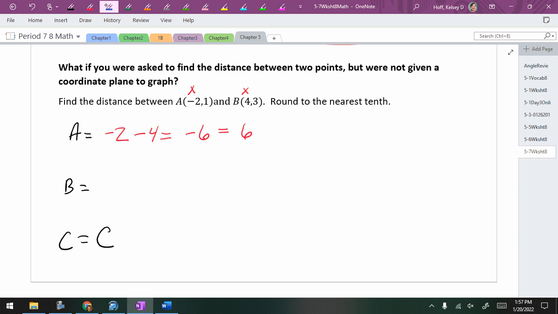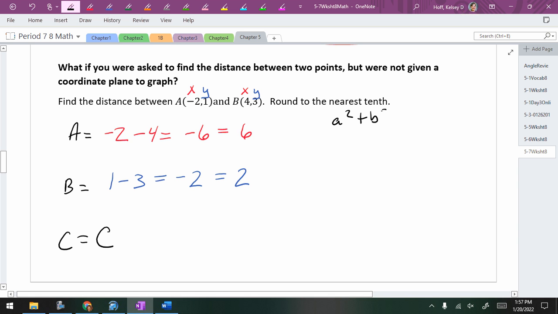Now, carefully think before you shout. I want to find the difference in my y's. What is my difference going to look like? 1 minus 3, which is -2. But we can't really have a -2 difference, or distance. It would really be a 2. So then we set this up.